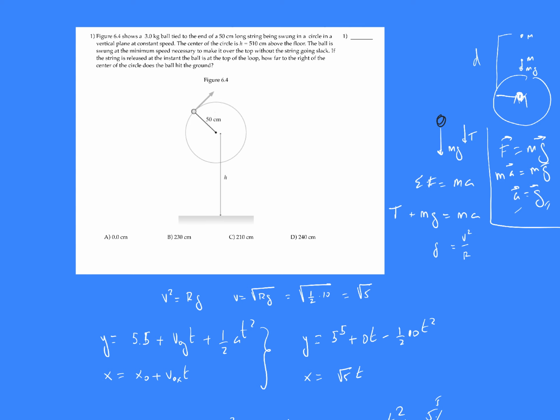Okay. So what does it say? If the string is released at the instant the ball is at the top of the loop, how far to the right of the center of the circle does the ball hit the ground?